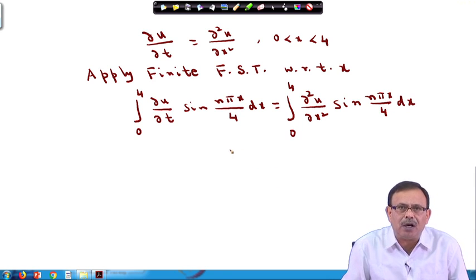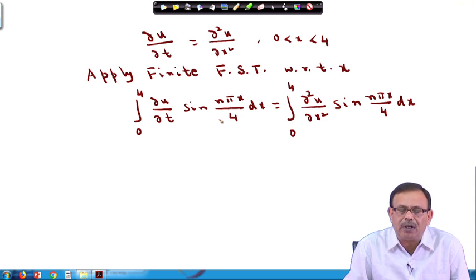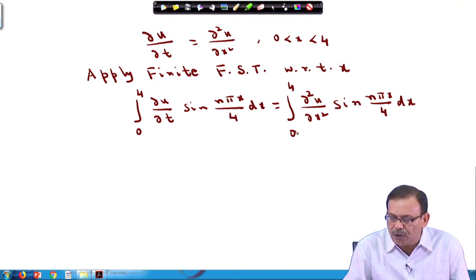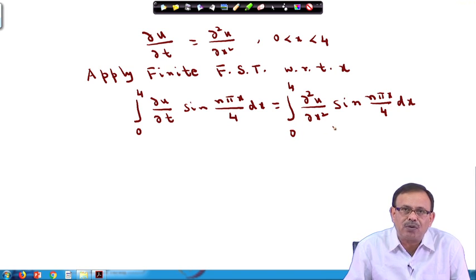Now, you see the integral on the left hand side. After taking the finite Fourier sine transform with respect to x on both sides of the given equation, from the definition I can write the integral from 0 to 4 of del u by del t sin(n pi x by 4) dx equals the integral from 0 to 4 of del 2 u by del x square sin(n pi x by 4) dx.